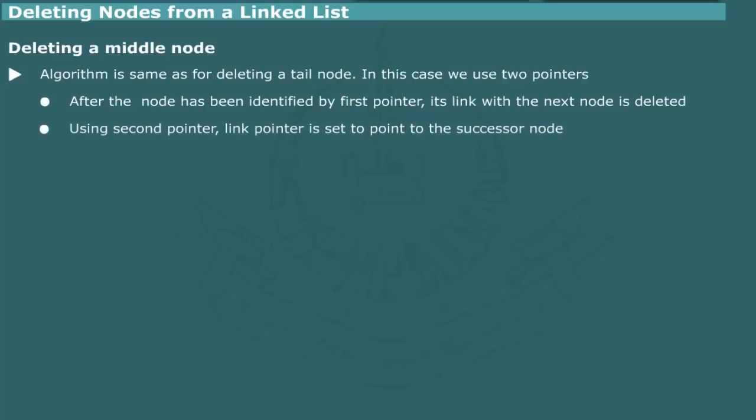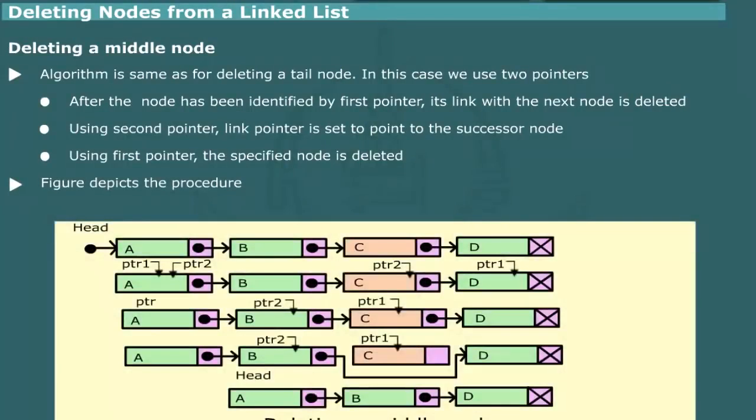Using the same pointer, we set the link pointer of the preceding node to point to the node that is next to the given node. Finally, using the first pointer, we delete the specified node. Figure depicts the procedure for deleting a node C of a linked list that initially contains letters A, B, C, and D.